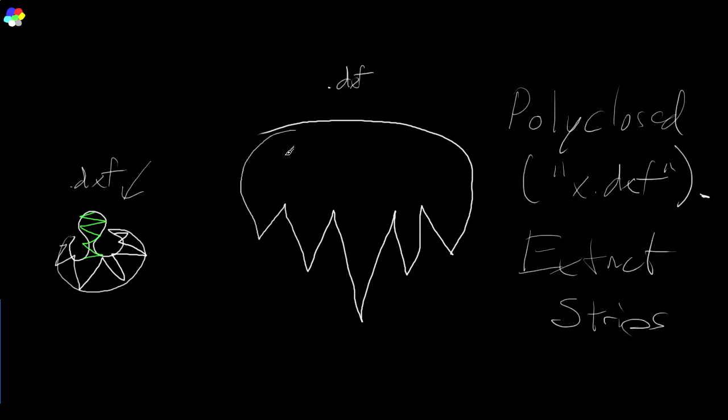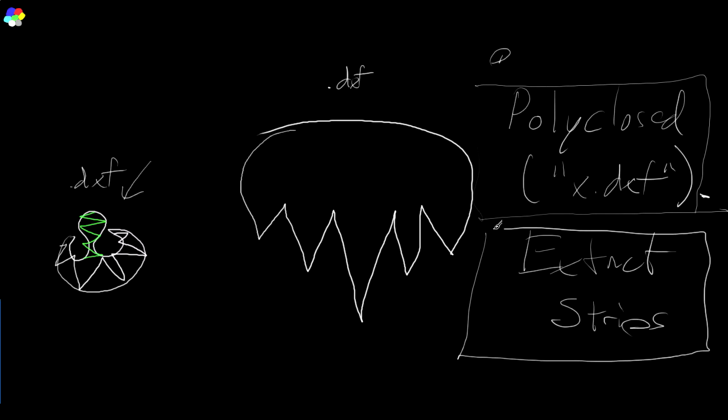It's all good except for a couple problems. First of all, the way the engine is right now, we can't load a polyclosed. We can't create a polyclosed by itself. It won't work. That's problem number one. I'll get to that in a second. Problem number two is the extract strips function does not exist in the current engine.